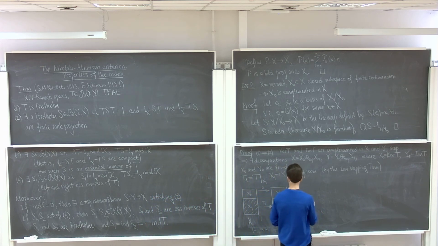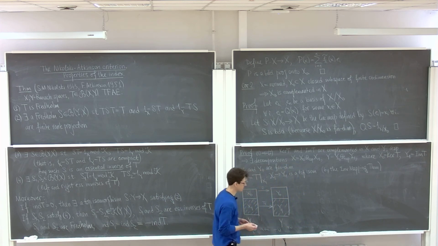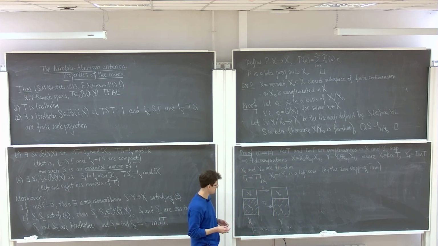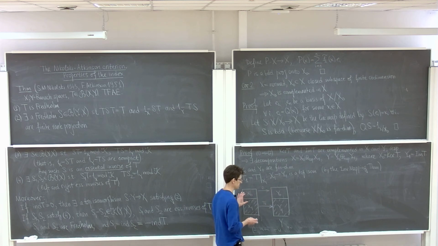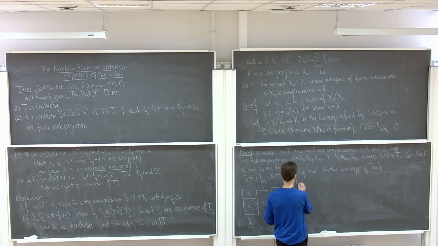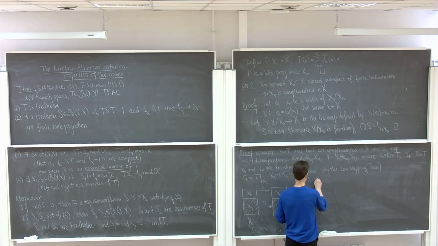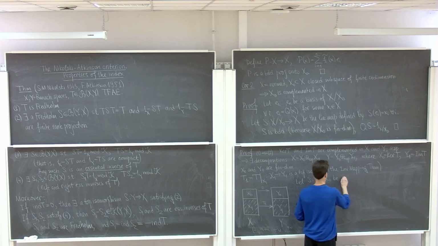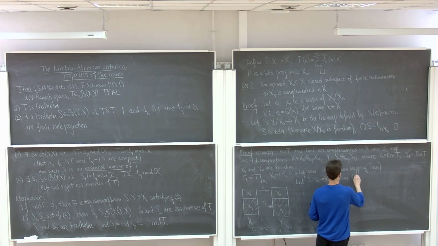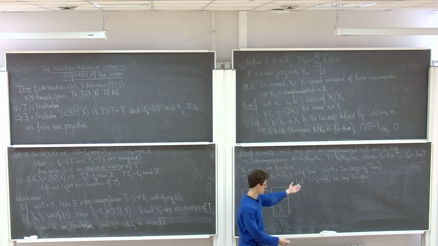We now construct this. So first of all, we take an arbitrary linear operator from y0 to x0. Let S0 be any linear operator from y0 to x0. For example, we can take the 0 operator.